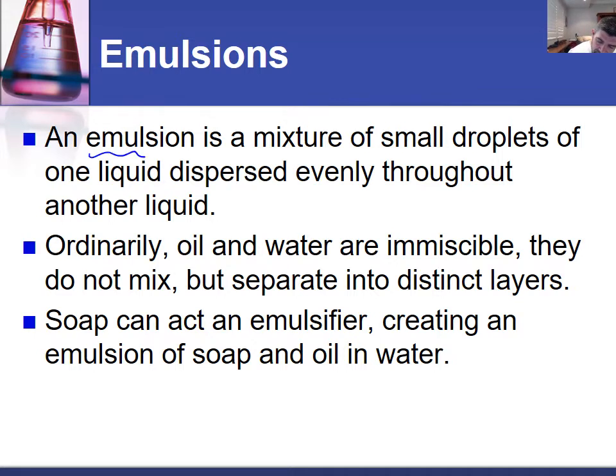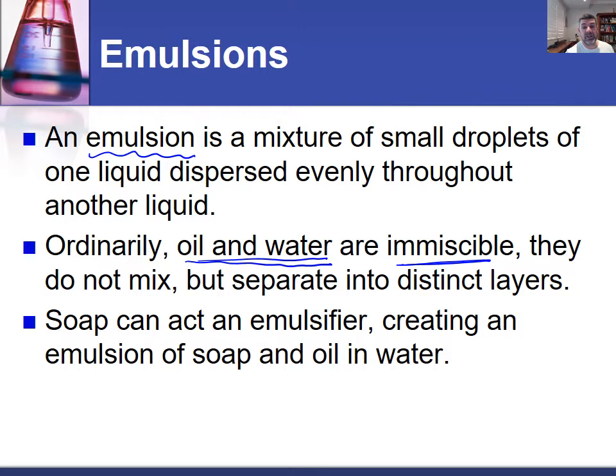So firstly, a quick definition: an emulsion is a mixture of small droplets of one liquid dispersed evenly throughout another liquid. Now this is our kind of definition of solutions. The difference here is that what we have is two substances which, generally speaking, do not mix. They are immiscible. So if you just left them together, they would separate.